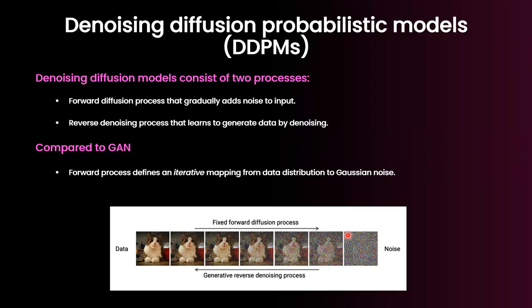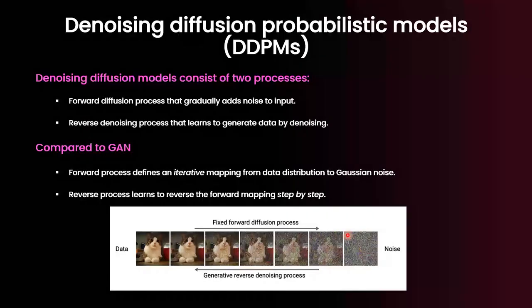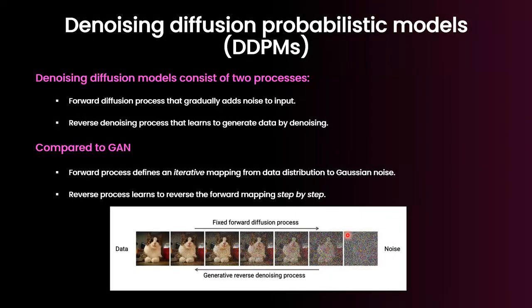As we discussed earlier, in GANs you just pass the noise vector to the generator, and it maps it to an output image in one shot. This is the first difference. Also, the reverse process learns how to remove the noise step by step.